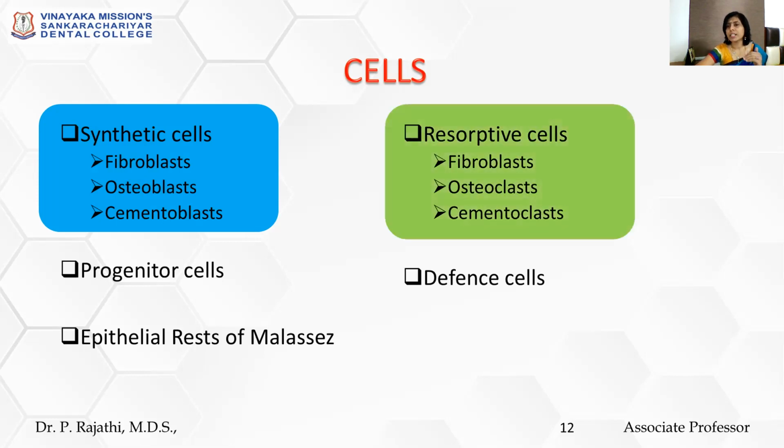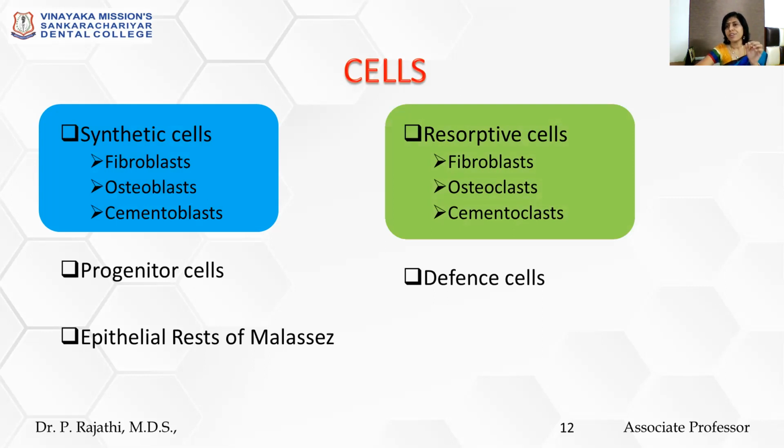Next, coming to resorptive cells. Anything that ends with clast means destroy. So the one that destroys bone is osteoclast. Cementoclast is the cell that is going to resorb the cementum. Osteoclast means resorb the bone.